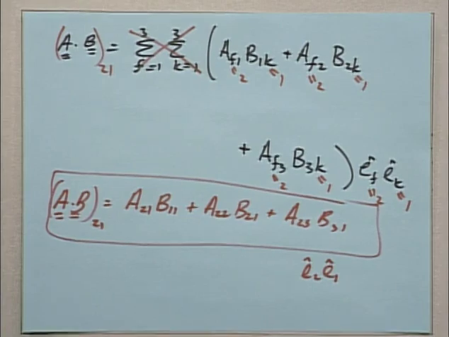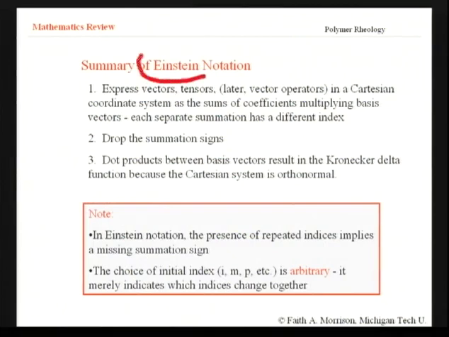So now going back to the slide to summarize. Einstein notation. It was, in fact, used by Albert Einstein. In some textbooks, when they do derivations of physical chemistry formulas, and in fluid mechanics also, they just write Einstein notation. They don't write any other type.